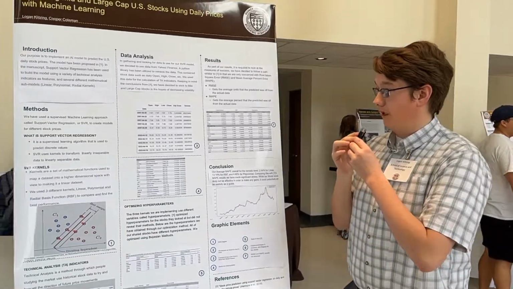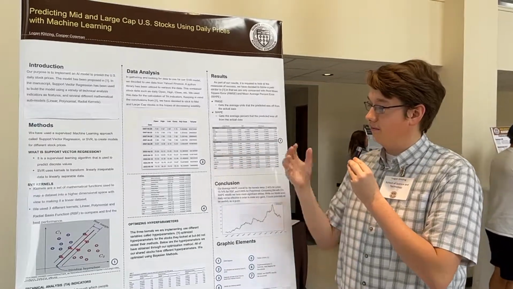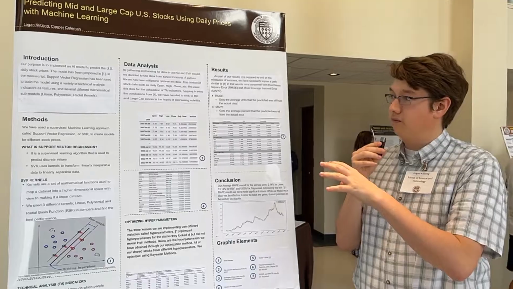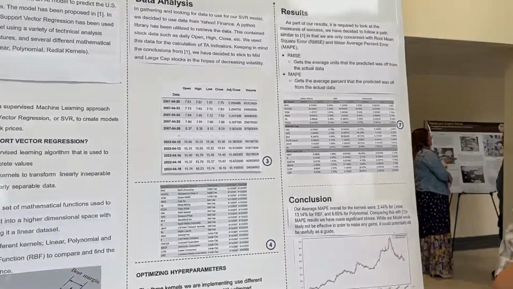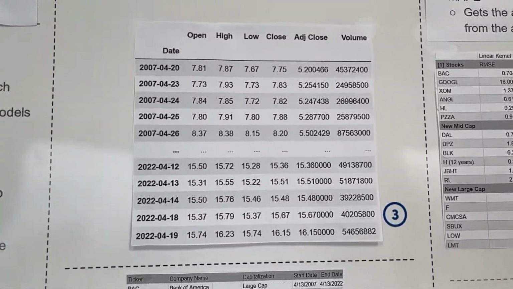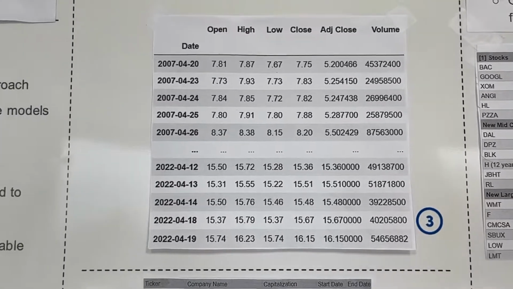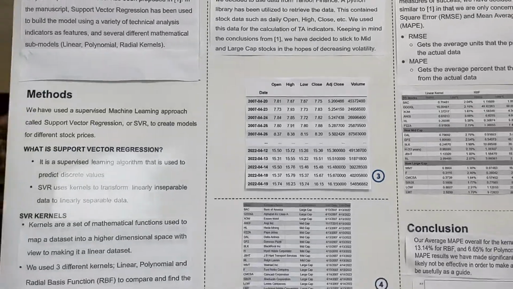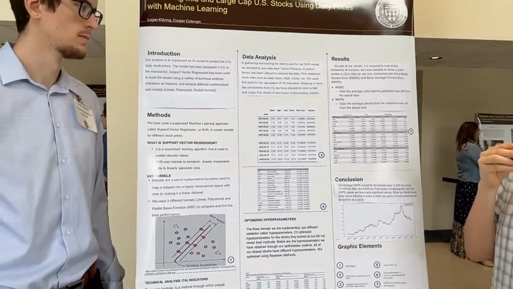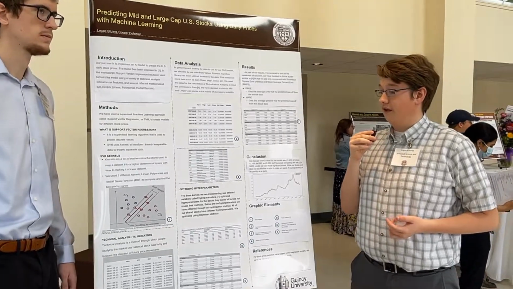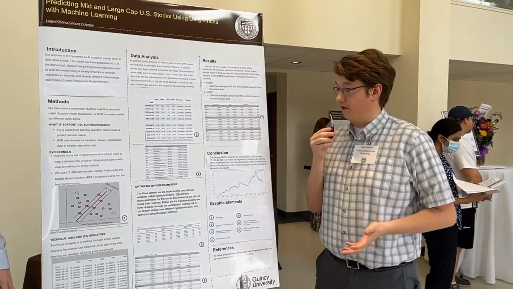So we have an example here of part of the data. It just shows the first couple and then the last 5 or so for the Ford stock over the past 15 years. And then with that, we were able to feed the technical analysis indicators and use those for our functions.